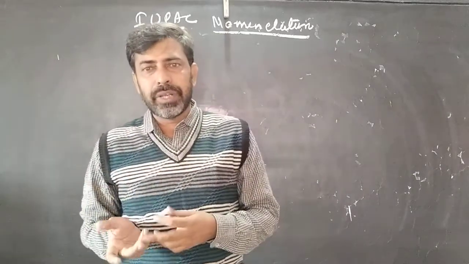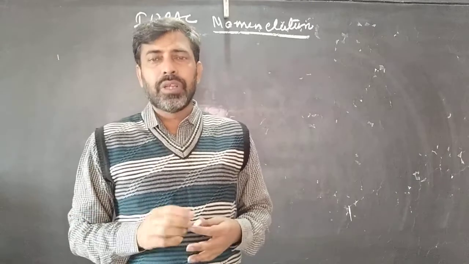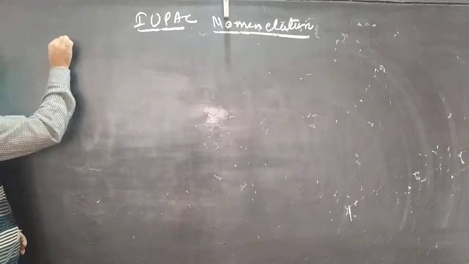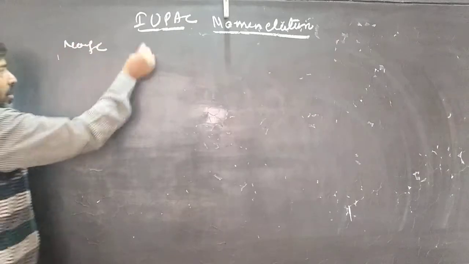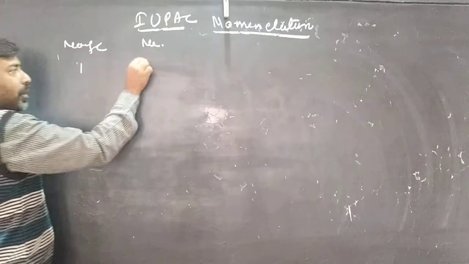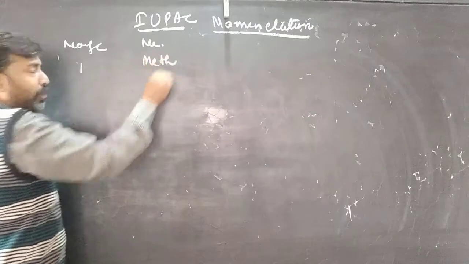If the number of carbons in the compound is 1, 2, 3, 4, then what do we call it? Here are the names. If the number of carbons is 1, it is called meth.